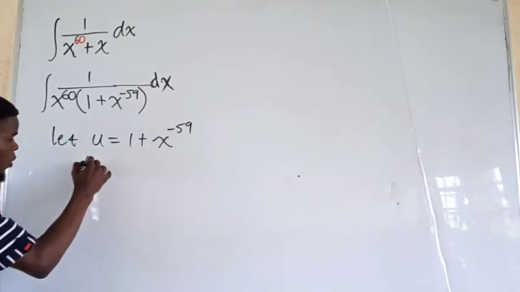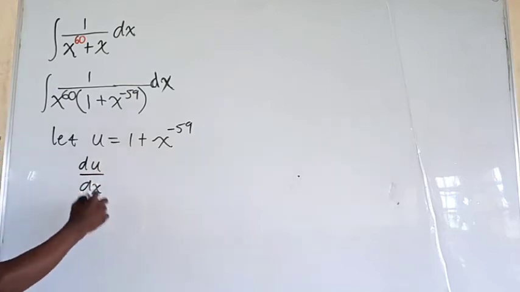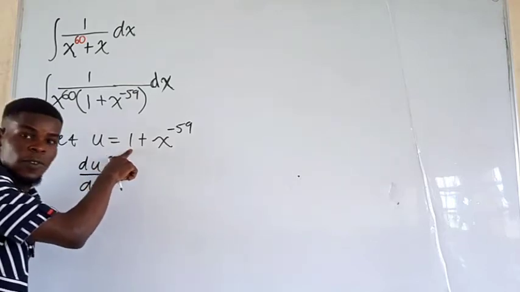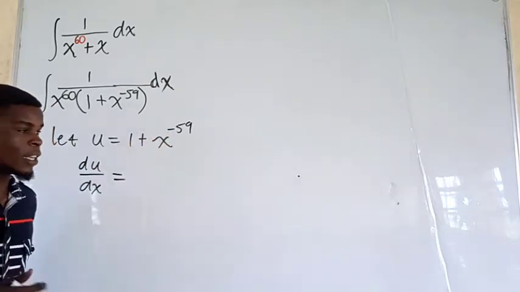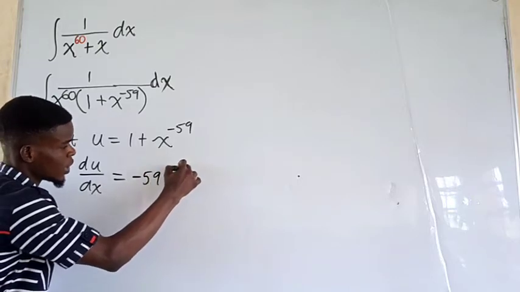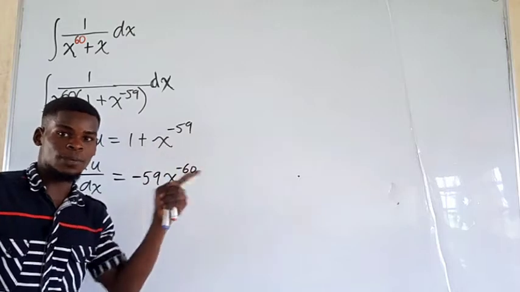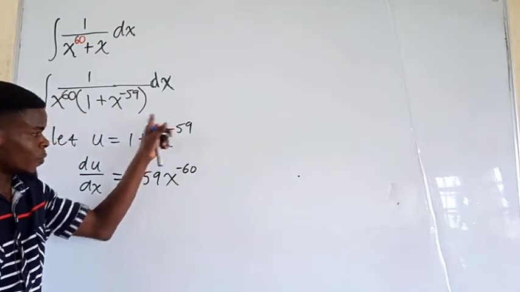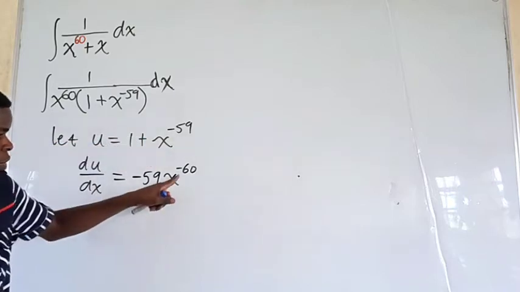So the derivative of the function u with respect to x is going to be, well, the derivative of 1 is just 0. And then the derivative of x to the power negative 59 is going to be negative 59 x raised to the power negative 60, alright? You bring down the power and then you subtract 1 from it. So you bring down the negative 59, it becomes a coefficient, and then you subtract 1 from it.